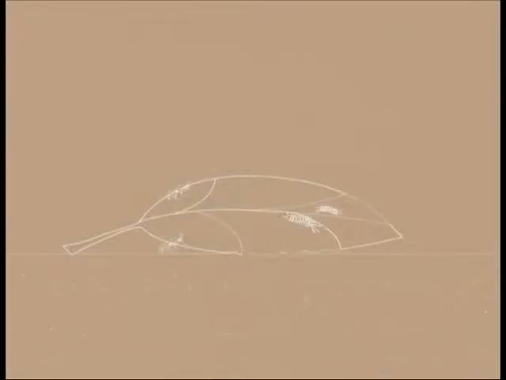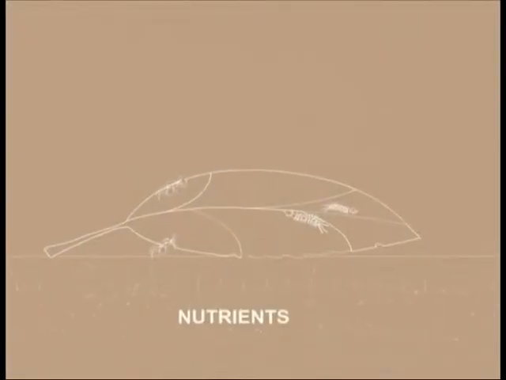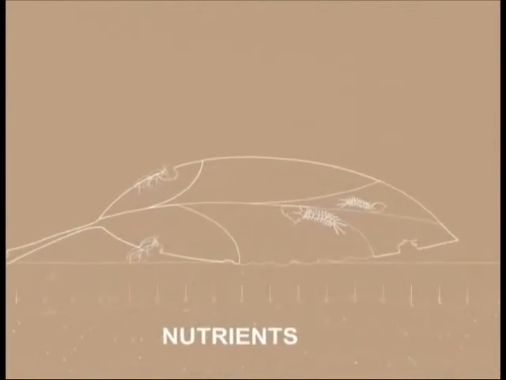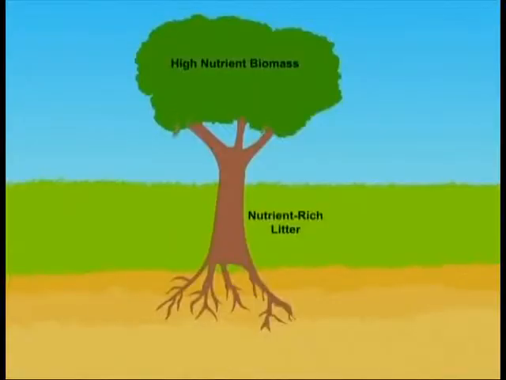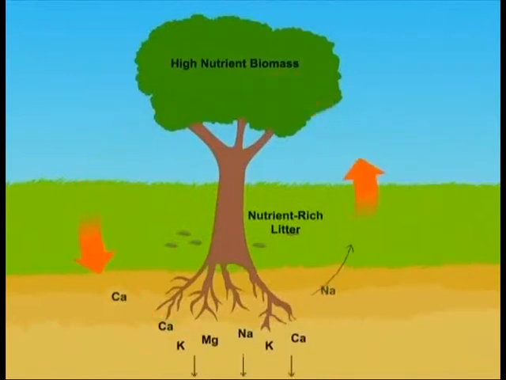Unseen microscopic creatures such as fungi and bacteria live there too. All these organisms help break the leaf litter into nutrients other plants and animals can use. In this manner, they return the nutrients back into the soil.